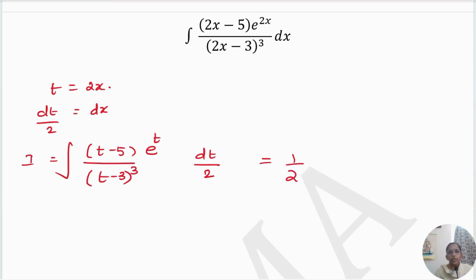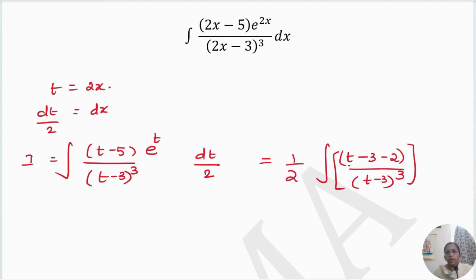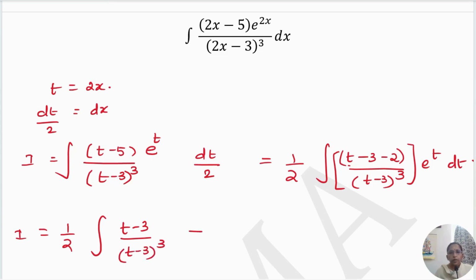So 1 by 2 integration, and t minus 5 can be written as (t minus 3) minus 2, divided by (t minus 3) whole power 3, into e power t dt. Now 1 by 2 integration, (t minus 3) divided by (t minus 3) the whole power 3, minus 2 divided by (t minus 3) whole power 3, times e power t dt.